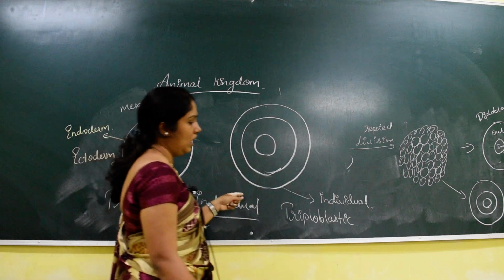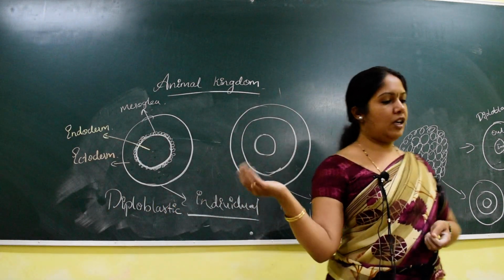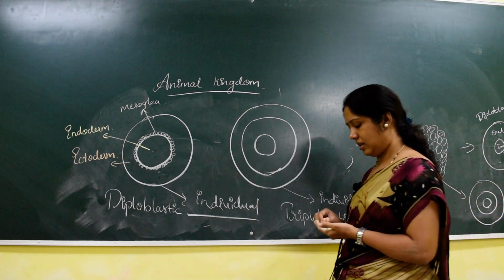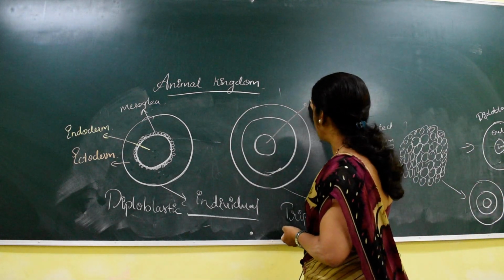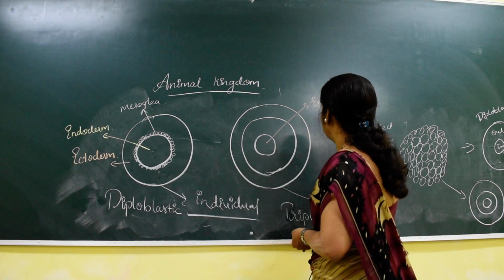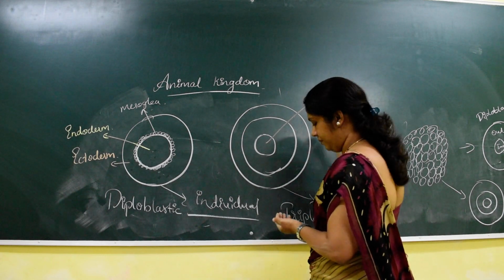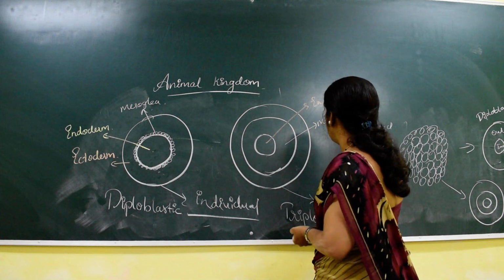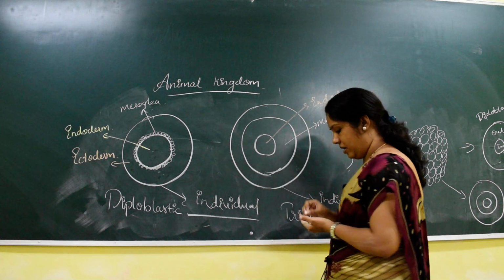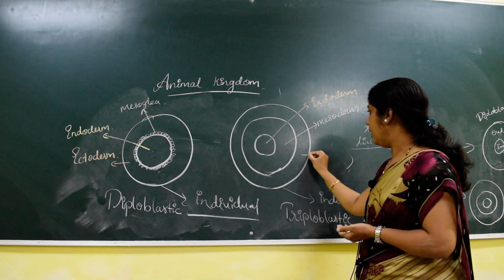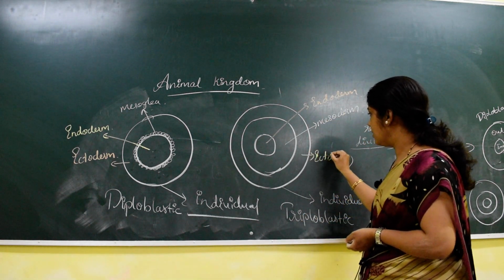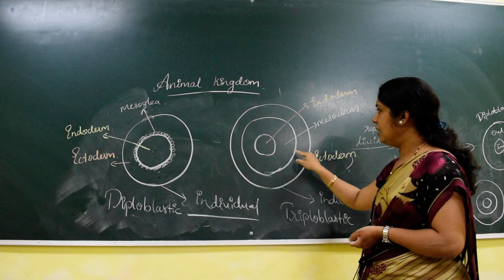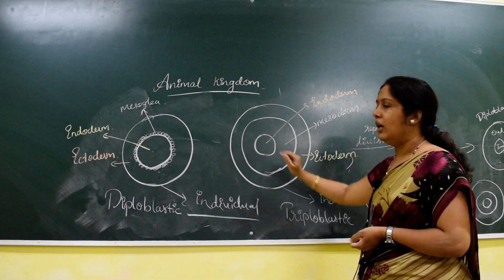Whereas the developed organisms are triploblastic. What are the triploblastic layers? The inner layer is called endoderm, the middle layer is called mesoderm, and the outer layer is called ectoderm. Three germ layers: outer ectoderm, middle mesoderm, and inner endoderm.